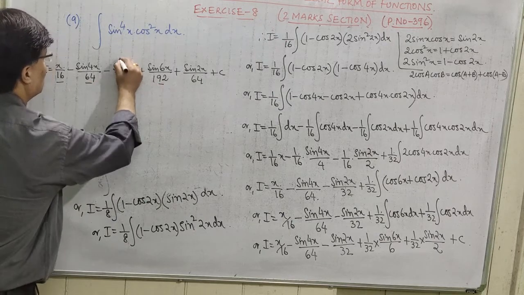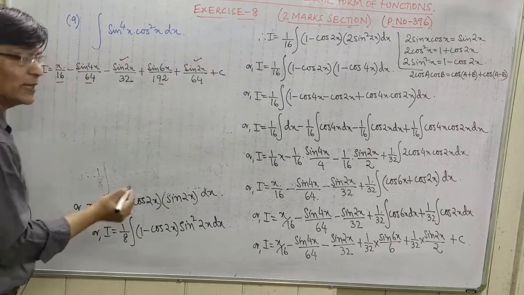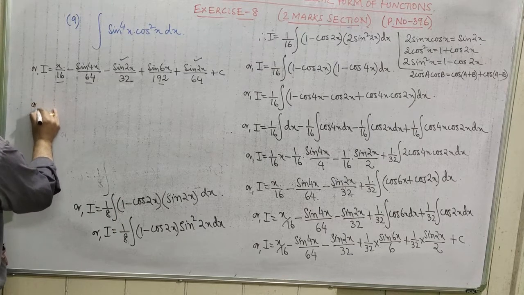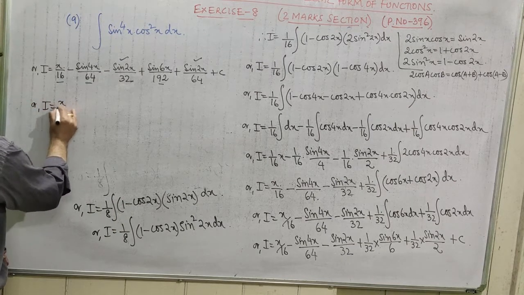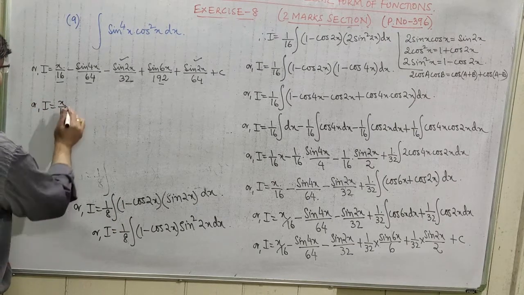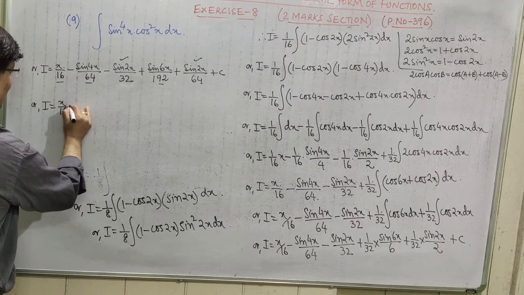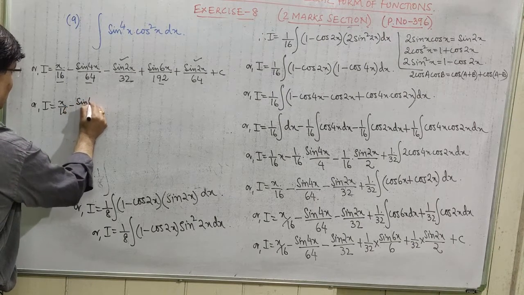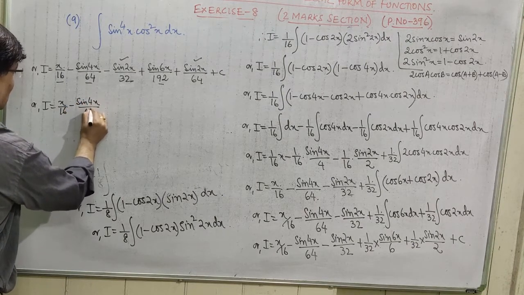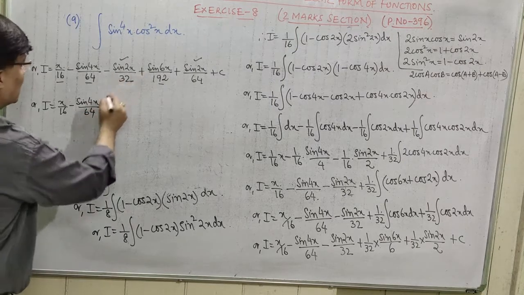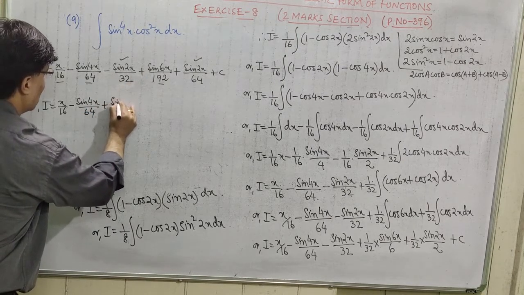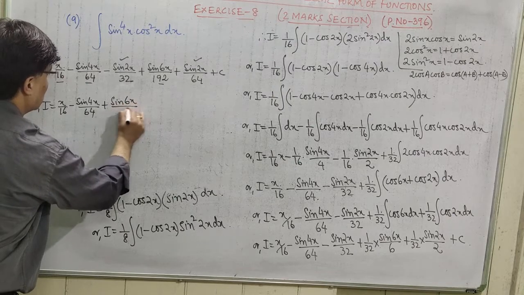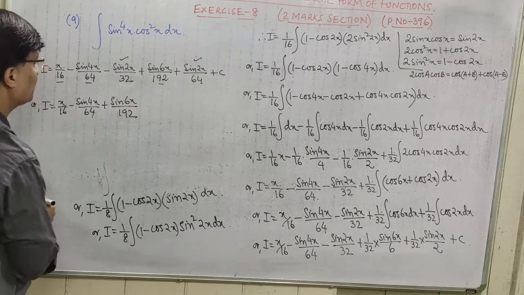First, these two are similar terms, right? You can simplify it. I is equal to x by 16, right? Then minus sine 4x by 64. Okay, then let us write plus sine 6x divided by 192.